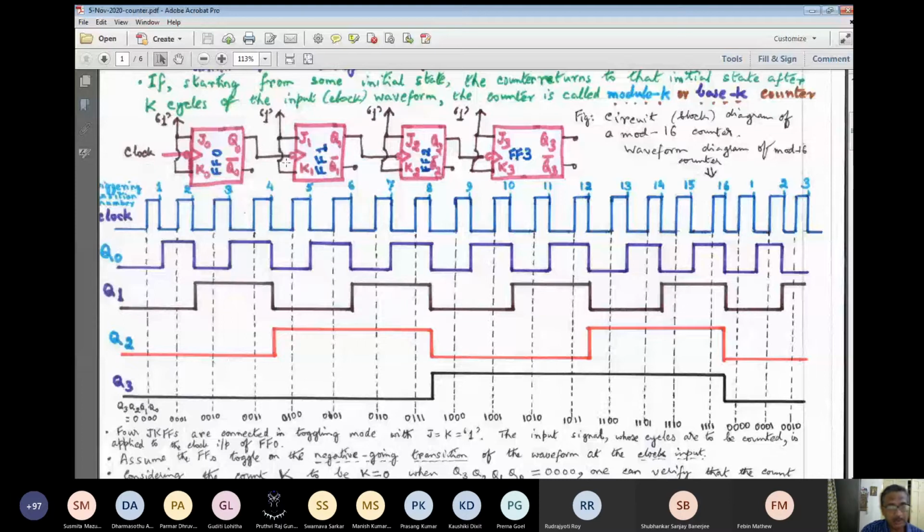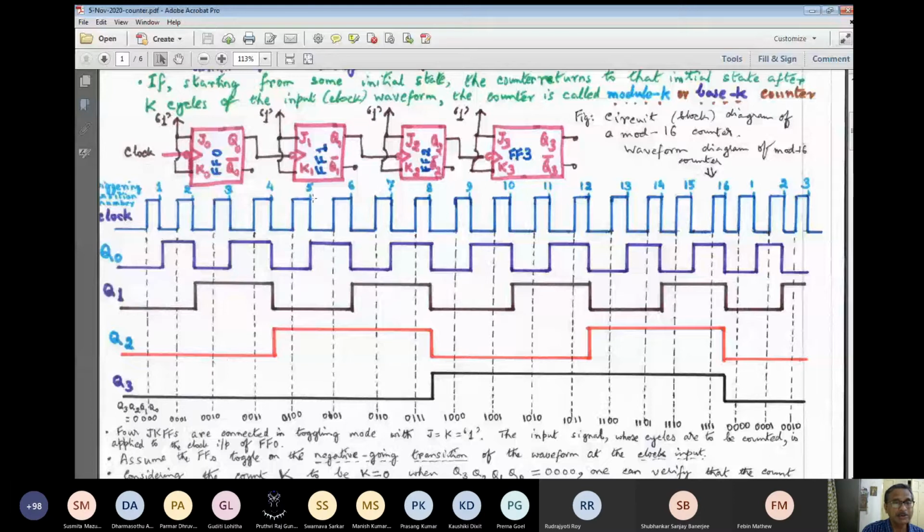And remember that whenever you are asked to solve a problem on counter, not only you should design the counter, but you should draw the waveform. And whenever you are drawing the waveform, remember, dear friends, that you must draw the reference clock. Unless you draw the clock waveform, based on that only, you are going to draw the outputs available at all the flip-flops. Here, 4 flip-flops, FF0, FF1, FF2, FF3.